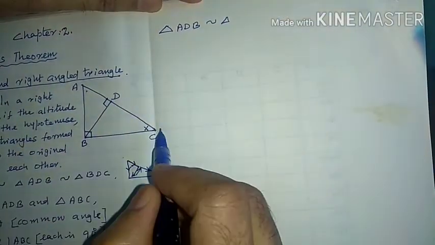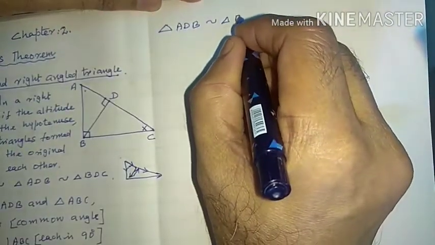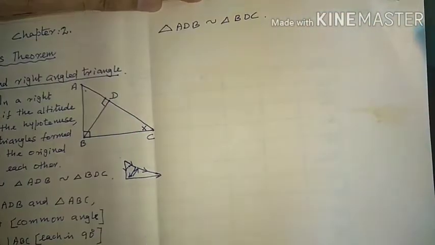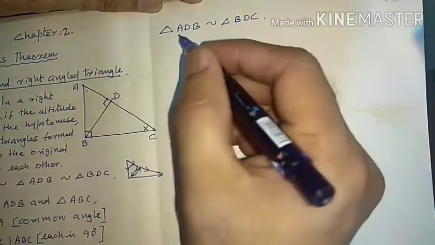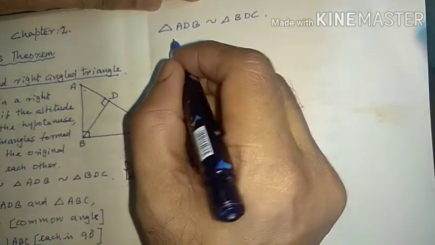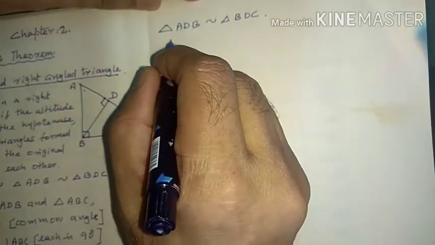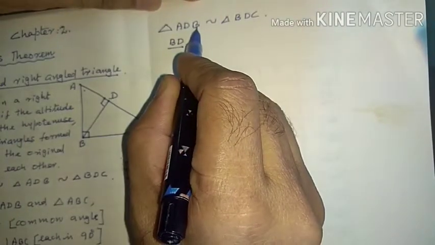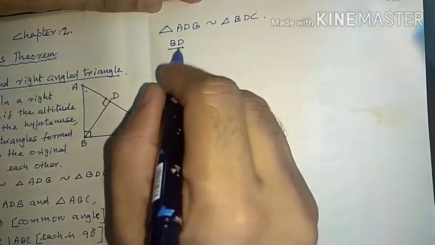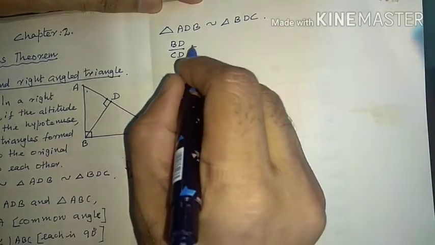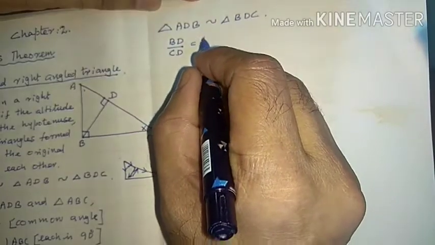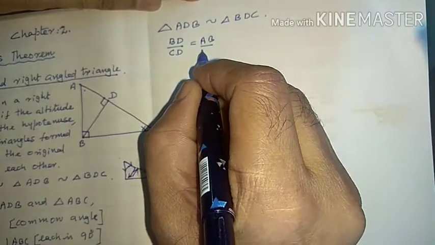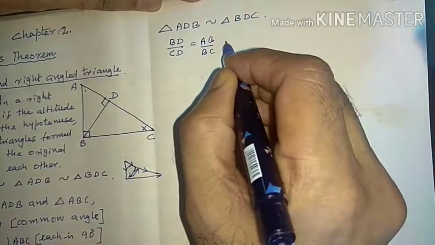For here we take BDC. This is already proved. Therefore, BD square, we write BD upon DC, or CD, is equal to AB upon BC.